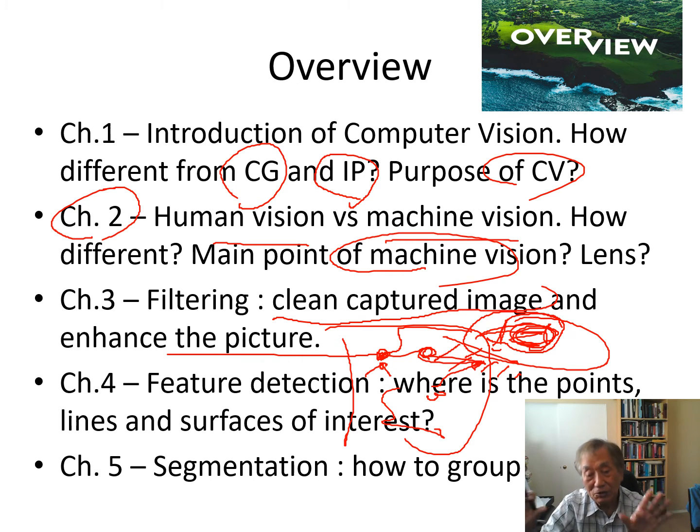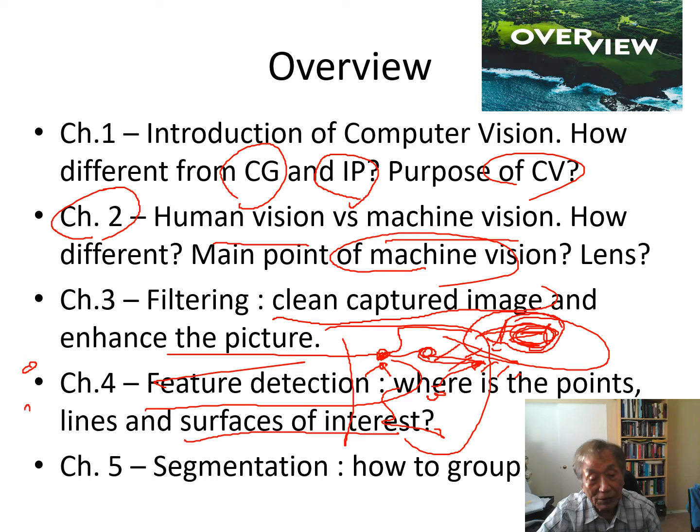Using that two-dimensional picture, composing and manipulating it to make 3-dimension is the next step. Okay, so that's our feature detection, in which we generally marked up the important areas.